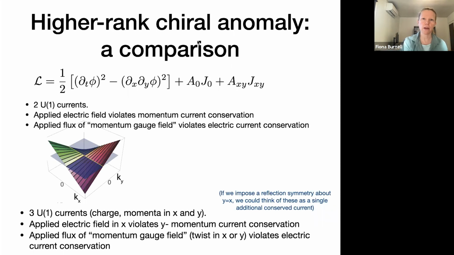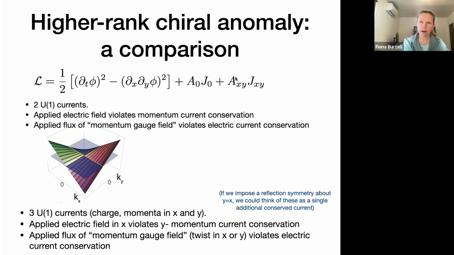So that's the anomaly. Now let me come back to this question of how this compares to the higher rank anomaly that I talked about before. So in this case, we have a Lagrangian that looks like this. It has subsystem symmetry, and we were focused on two U1 currents, right? Which was sort of EM-like and axial-like, okay?